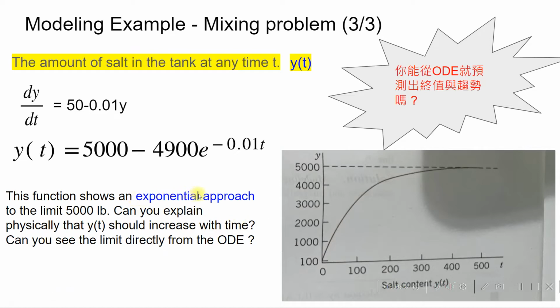The exponential approach means that because y of t contains an exponential decay term, the value of y of t will approach the limit of 5,000 pounds as time increases. This is why we call it an exponential approach.